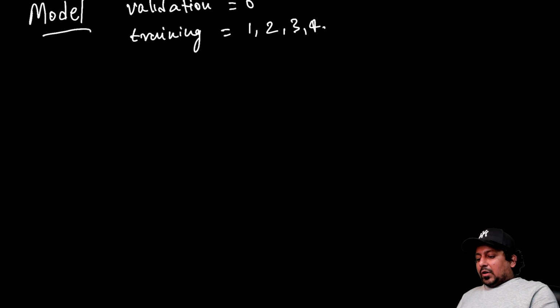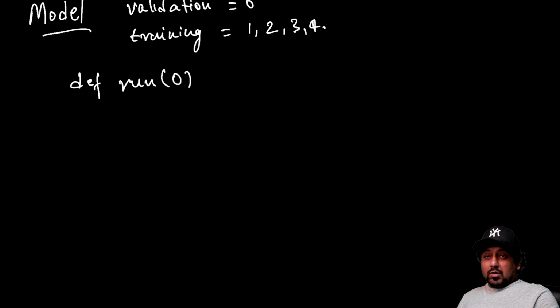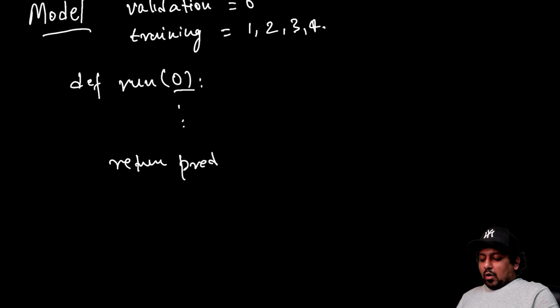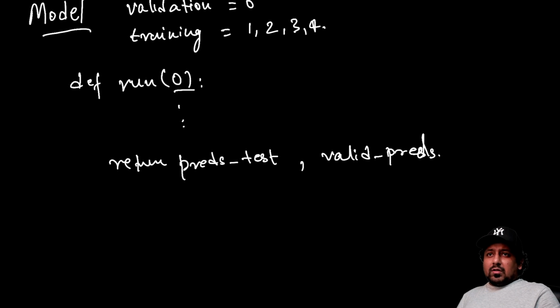And then we made a function. We had a run function, let's say, that takes a fold number. We didn't make this exact function, but we can do it this way. It takes a fold number and then returns the predictions on the test set, and it can also return the predictions on the validation set, valid preds, or preds_valid.